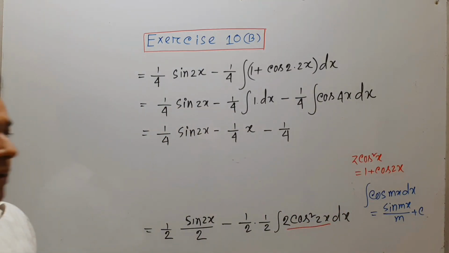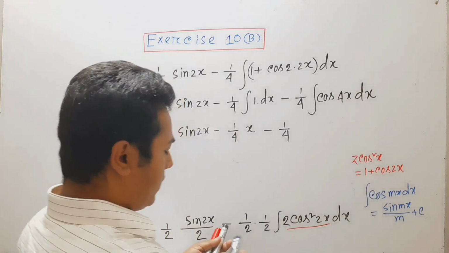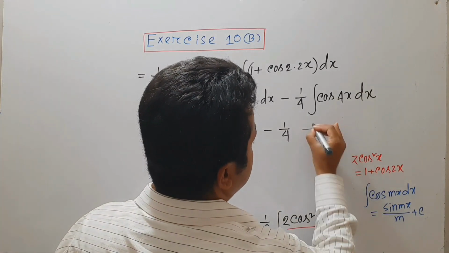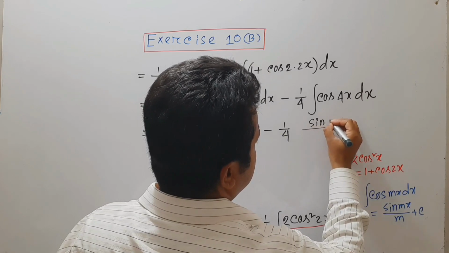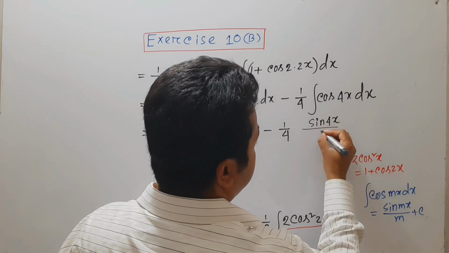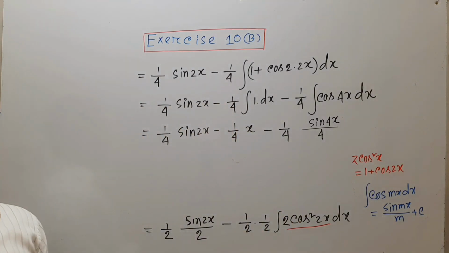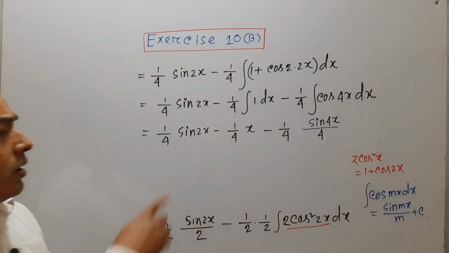According to this formula we can write sin 4x divided by 4. So we have already completed all the integral terms.